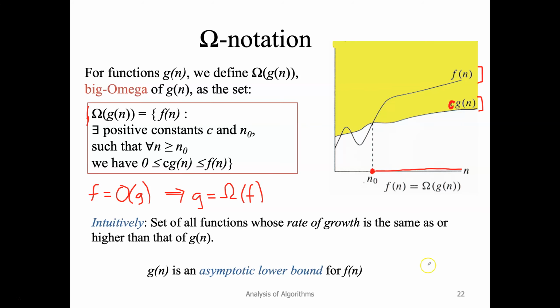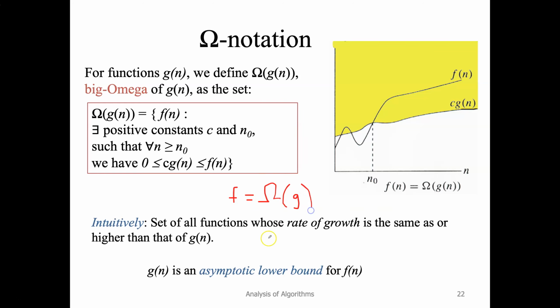And this is like saying, although not exactly, but you can sort of think of it this way, that if f of n is big omega of g of n, this is kind of like saying that f of n is greater than or equal to g of n. So you can sort of think of this as greater than or equal to. g of n is our asymptotic lower bound.